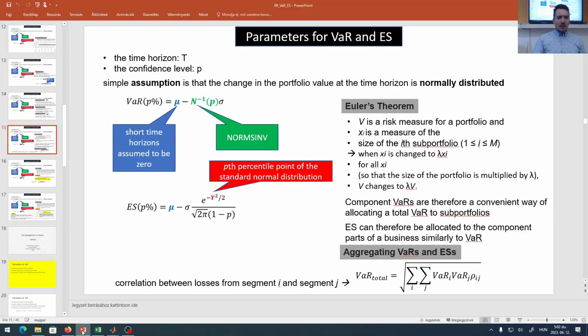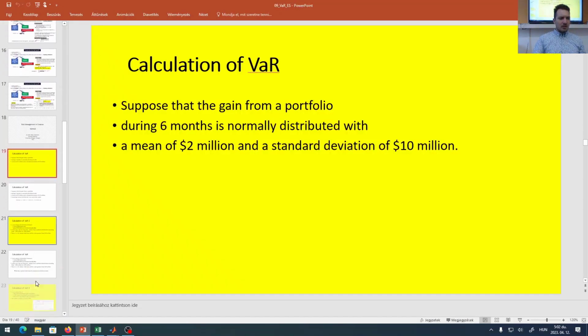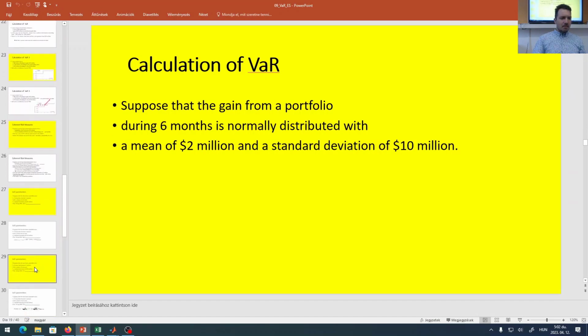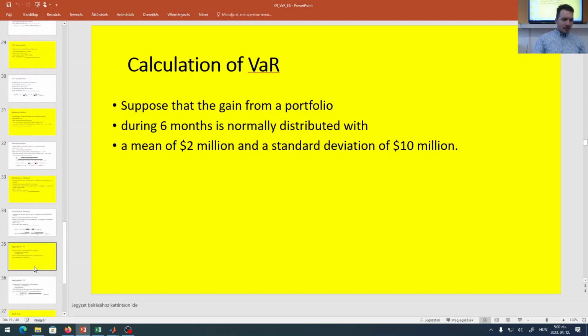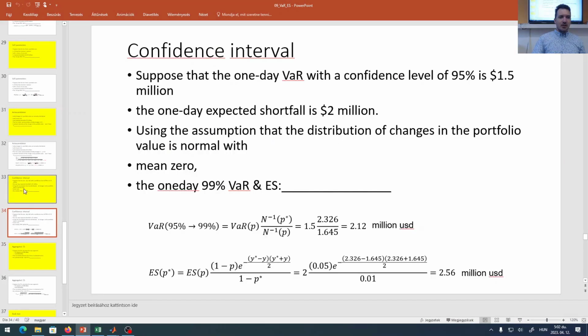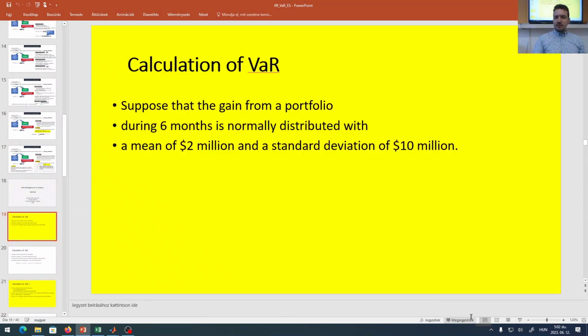But before doing expected shortfall for a portfolio, let's check, because we have many examples until we are reaching the expected shortfall. So let's see the book.